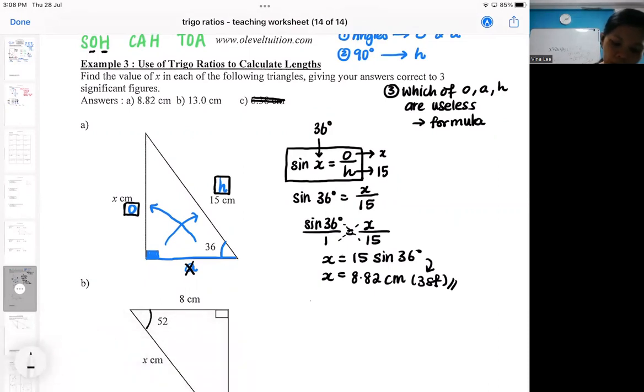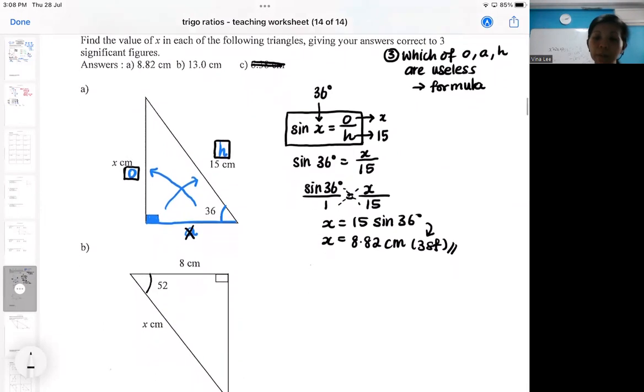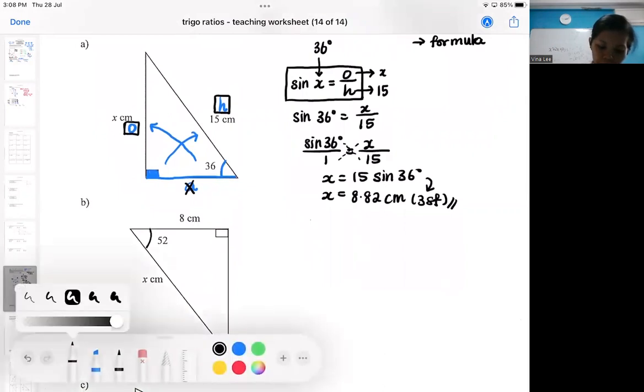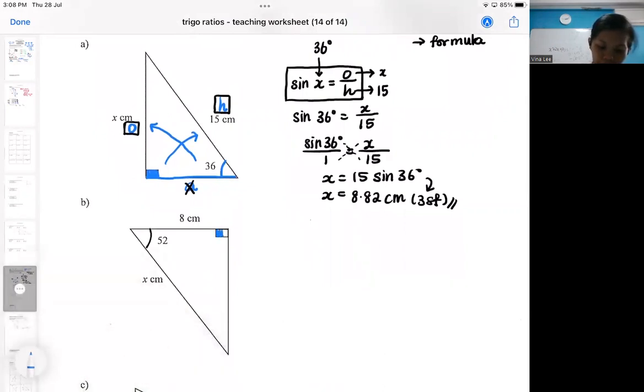Okay, I think there is a typo in the last part. Later on, we'll be checking the last part. Okay, let's go to the second part. We're going to repeat exactly the same steps. Look for your 90 degree. Look for your angle, because the angle will tell you your O and A. So after you got your OAH, now again, you got to decide who is useless.